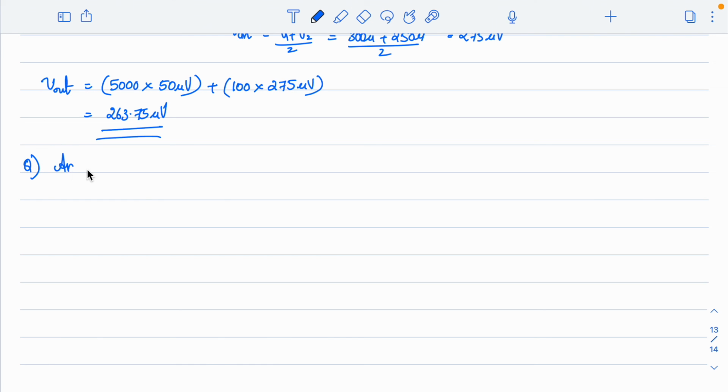An op-amp has a differential gain of 70 dB and common mode rejection ratio of 90 dB.